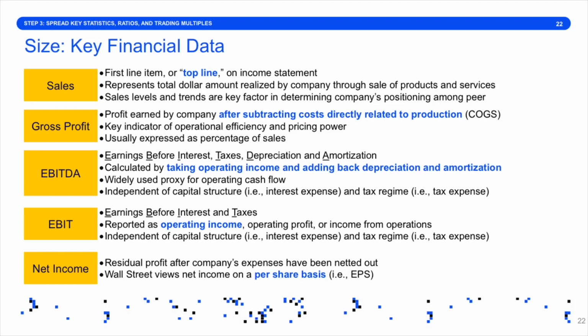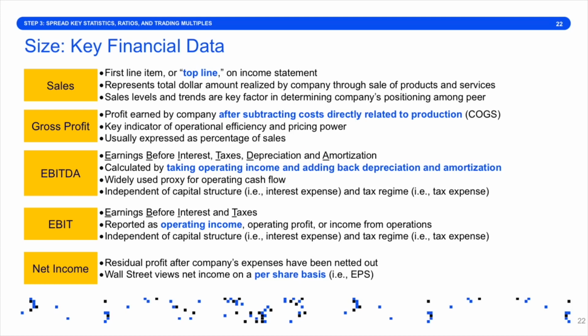Here, the sequence is basically what you see in an income statement. Sales are on the top, net income is at the bottom. Sales is called, in finance speak, a top line number. Net income is called your bottom line. Okay? That's because they were put there. Okay.